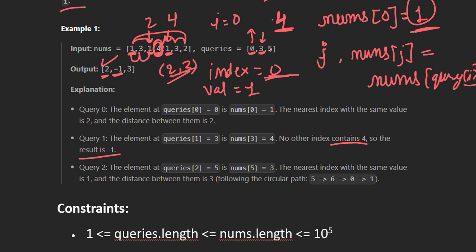And now the third index that we are getting from the queries array is index equal to 5. And what is the value at index number 5? 0, 1, 2, 3, 4, 5.